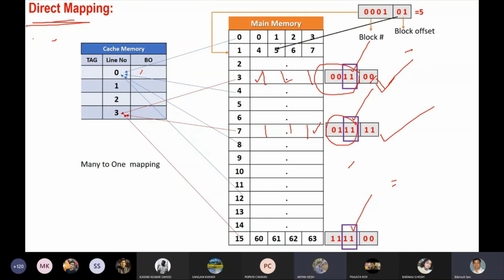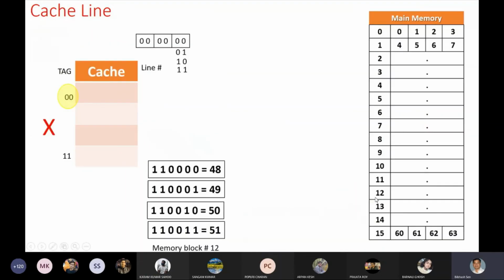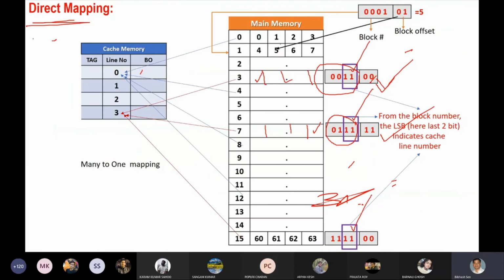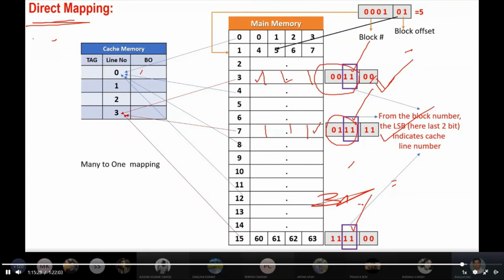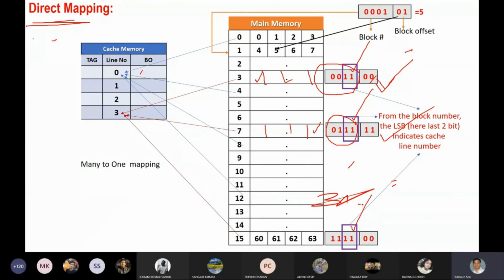Because block 3 remainder by 4 is 3, 7 remainder by 4 is again 3, and 15 remainder by 4 is again 3. So all go to location 3, and interestingly, all the cache line values are 3.